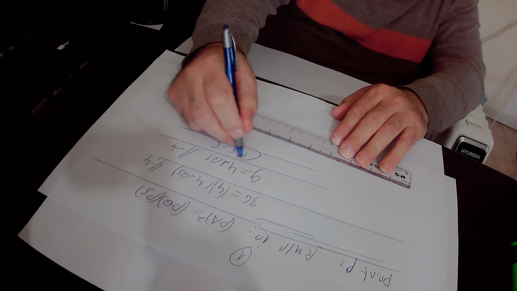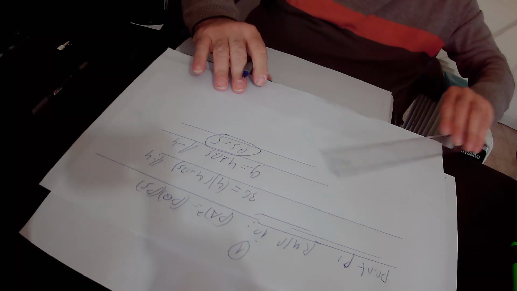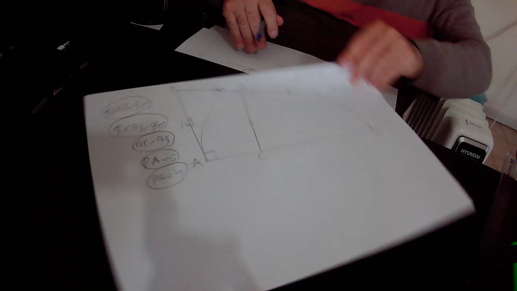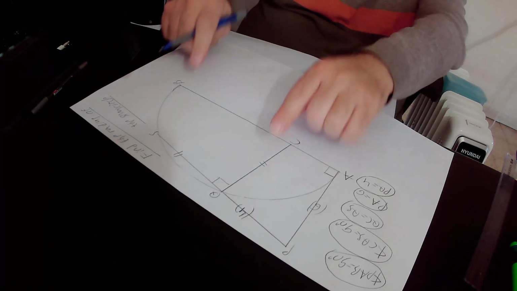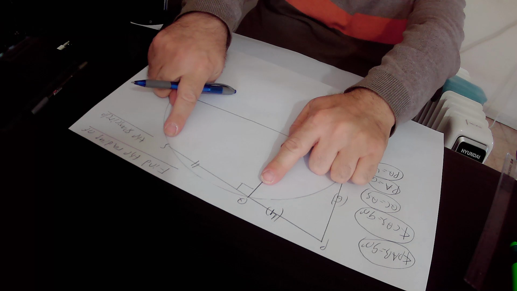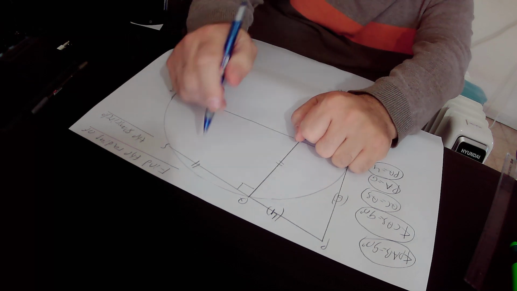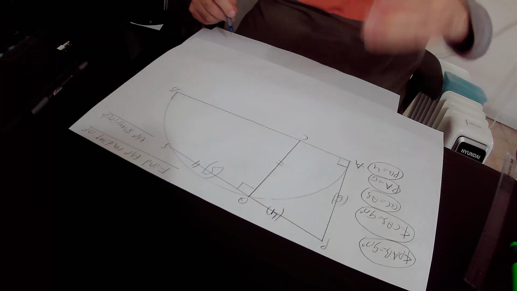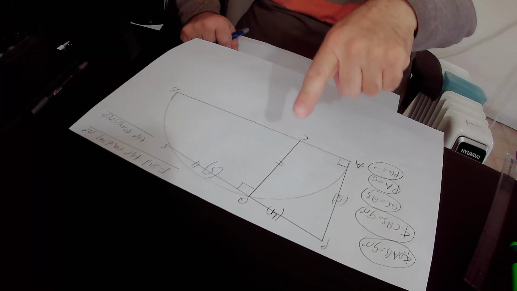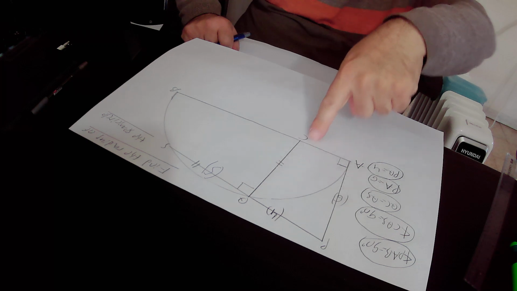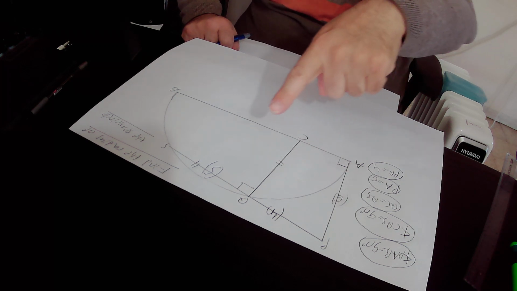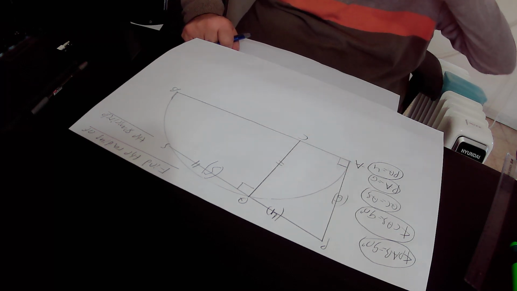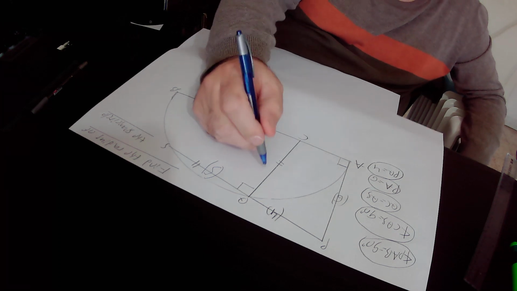So chord QS equals 5 units in length. And because it is given in the question that QS equals QC, and QS equals 5, therefore QC must also be equal to 5 units in length.